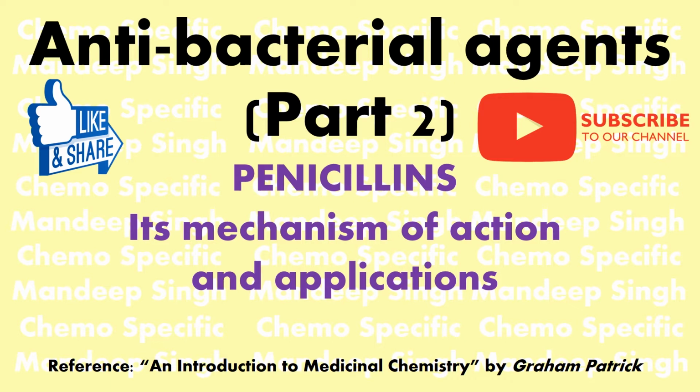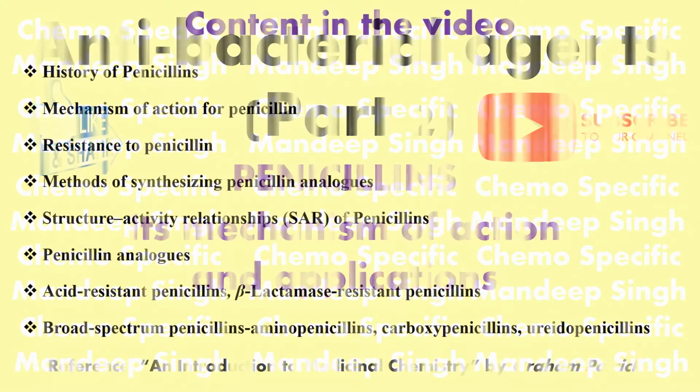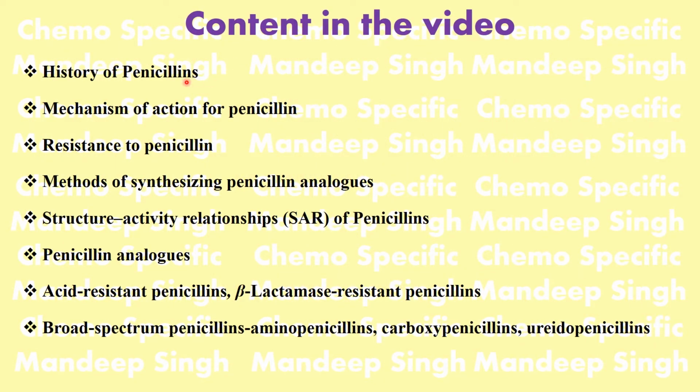Okay, so now let us start the video to see what we are going to talk about. In this video we are going to talk about first of all the history of penicillin, and then the mechanism by which penicillin acts, and then the resistance to penicillin, and then the methods by which various penicillins and analogues can be synthesized, and the structure activity relationship, meaning what are the important moieties, the important structural features of penicillin that are absolutely important for it to act the way it does.